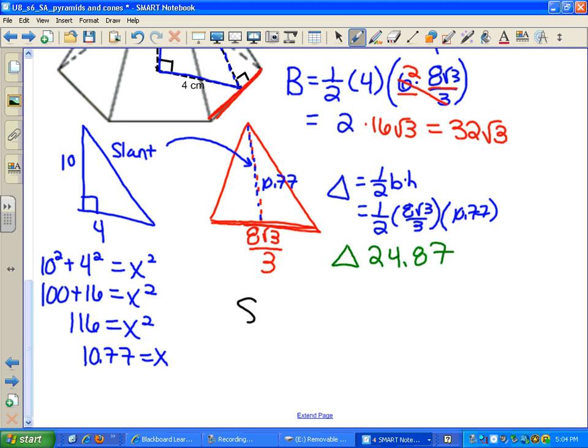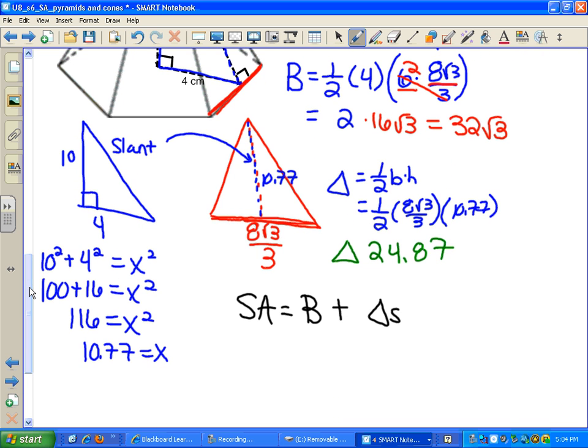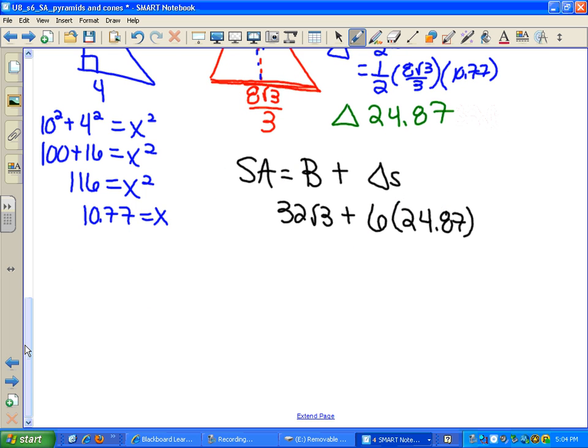So let's put it all together. In order for me to find the surface area, I'm going to take the base plus all of my triangles. Well, we know the base is 32 square roots of 3 plus I have 6 triangles, and each triangle is 24.87. So I'm going to take 6 times 24.87. I'm going to put this all in my calculator.